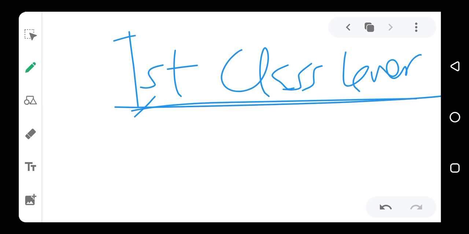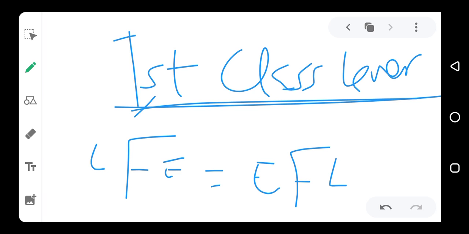So in a first class lever, we have load, we have fulcrum, and we have effort. Or we can also say EFL: the effort, the fulcrum, and the load.